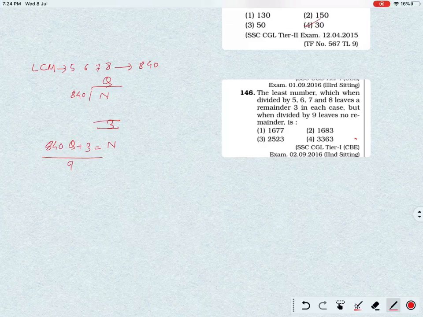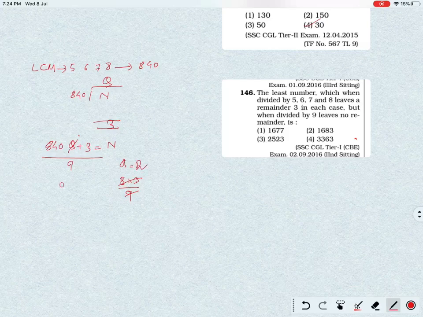So let us put q equal to 1. So 843 divided by 9: 8 plus 4 is 12, 12 plus 3 is 15. So this is not divisible by 9. Next, q equal to 2.